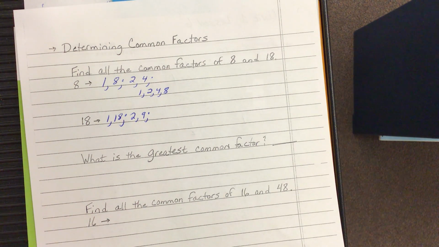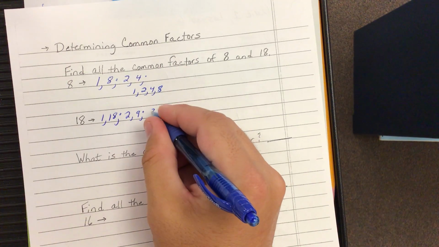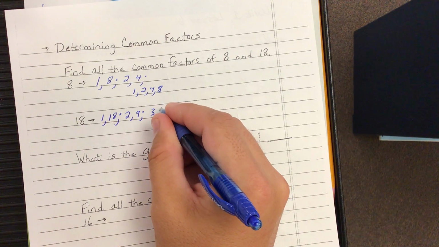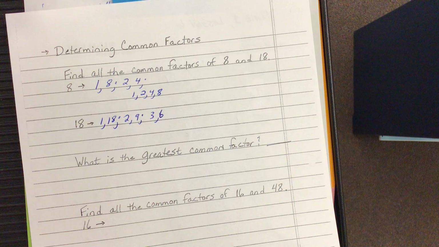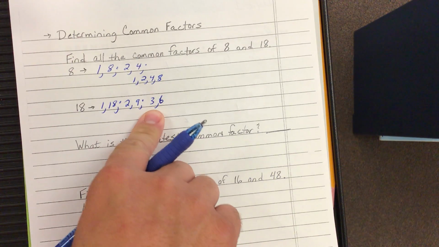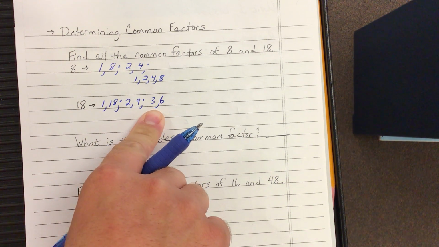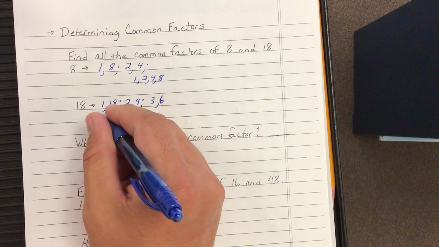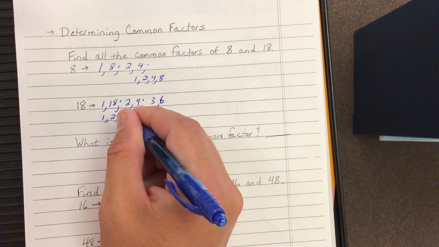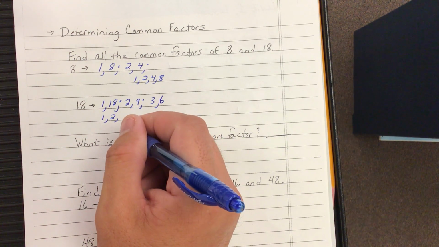Next set, Asia. 3 and 6. That's all. So we'd have to check 4 and 5 yet. Do 4 and 5 go into 18? No. All right, put them in order.